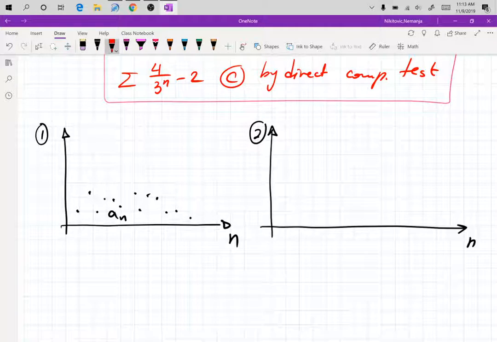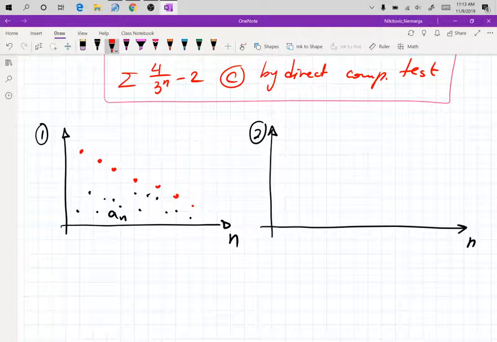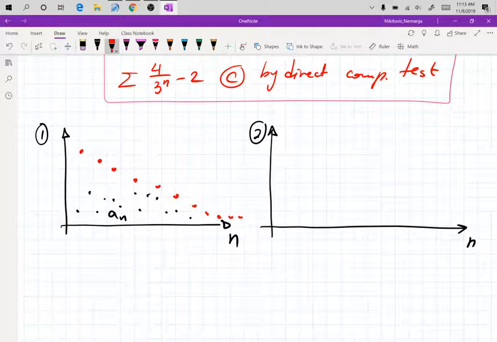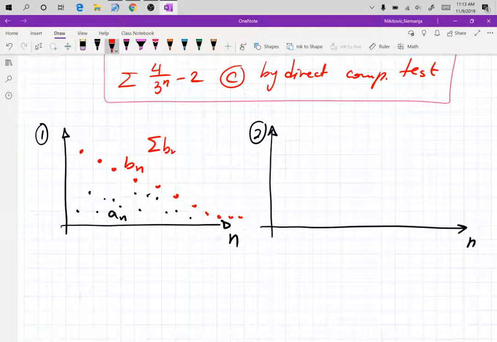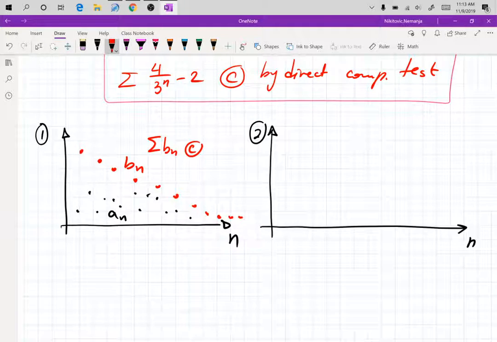And then you have something nice as a bn whose summation converges. So you see that the condition that needs to be satisfied is that an is in between bn and 0. Both are positive, as we started our theorem.